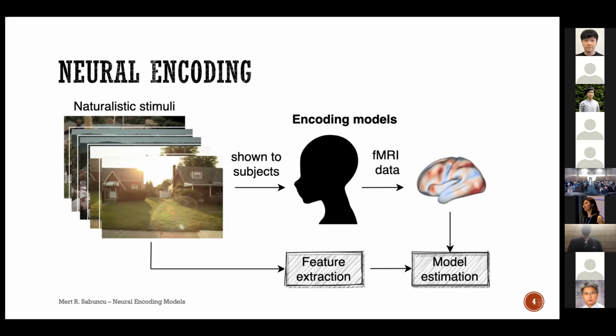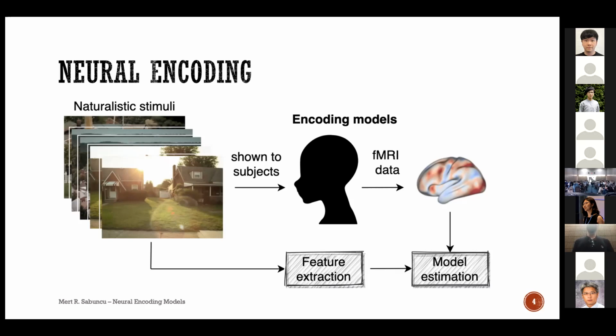In this case, it could be looking at pictures. And as they do so, we're collecting data that reflects the brain activity. In the case of functional MRI, that brain activity is what we call the BOLD response, or the blood oxygen level dependent signal, which is a proxy for the neural activity in a voxel, or 3D pixel.